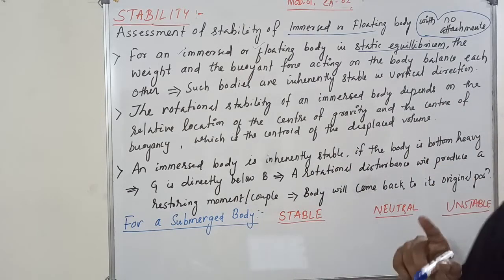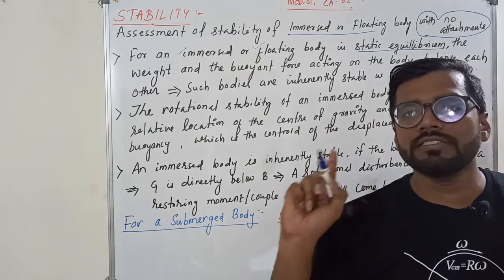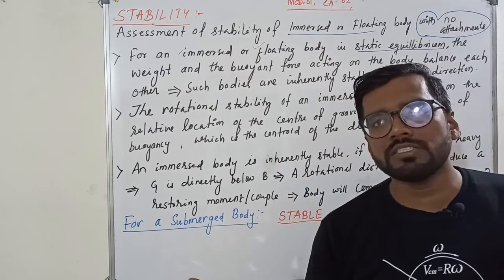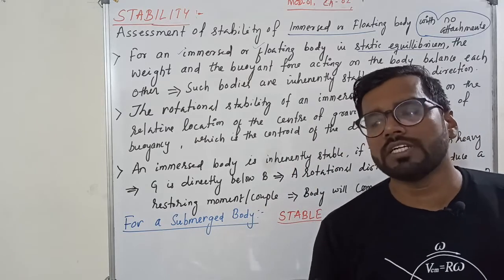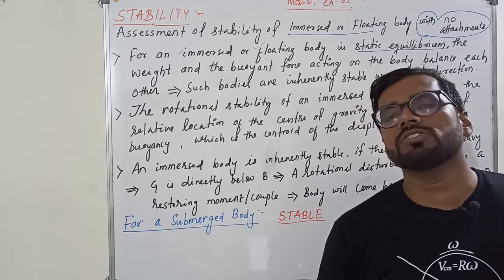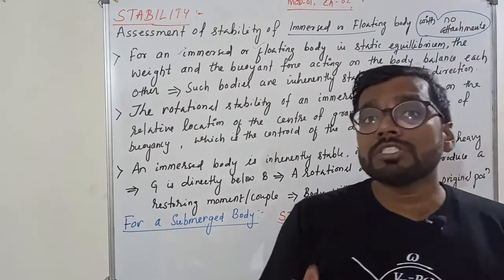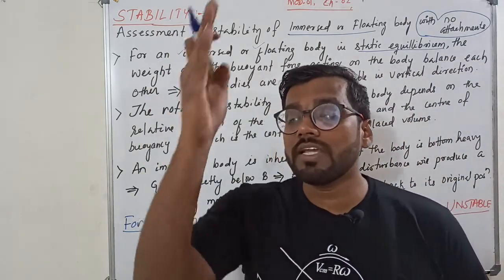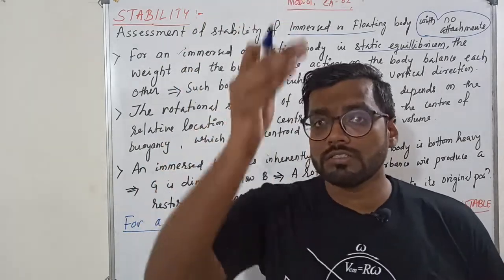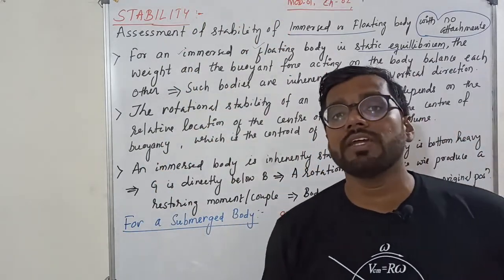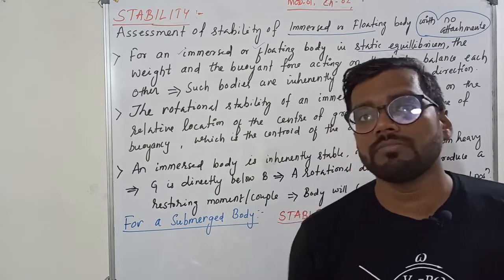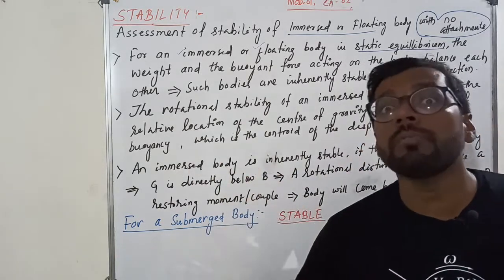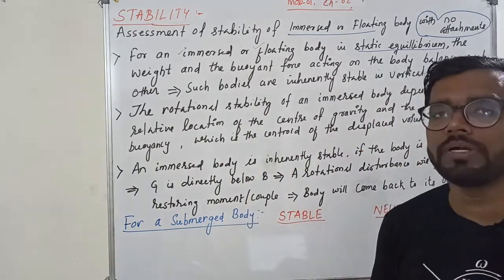So Fx is 0, horizontal forces are 0, the summation of vertical forces is also 0, and the summation of moment is 0. The summation of moment will only be 0 if the buoyancy force and the center of gravity are acting on the same line. The line of action of the center of gravity and the buoyancy center is the same. Then only they will attain moment equal to 0.